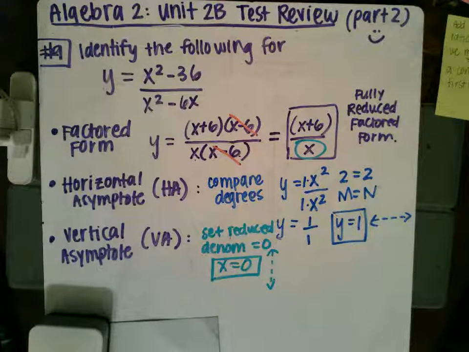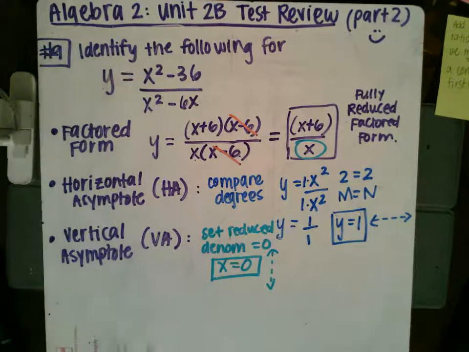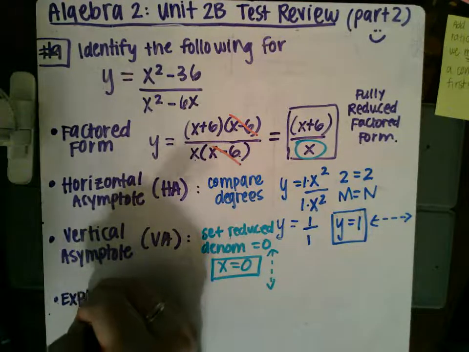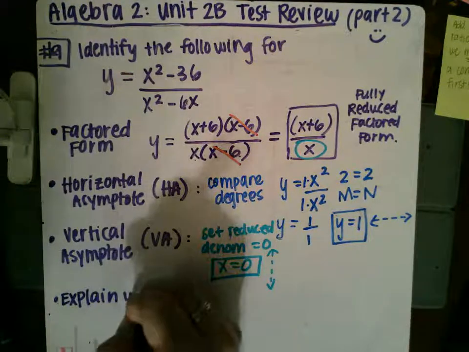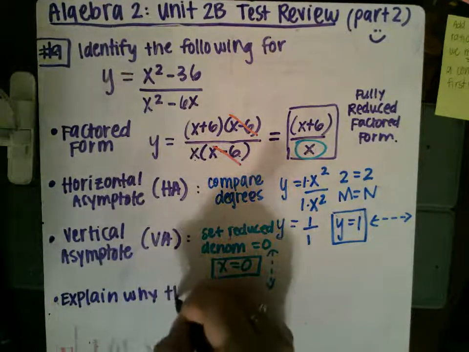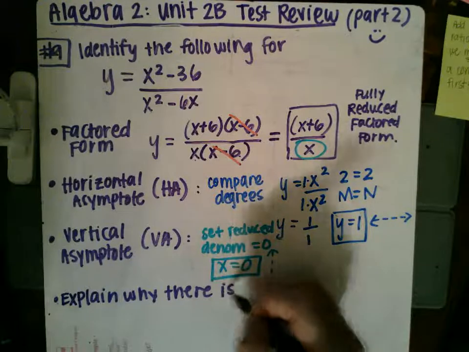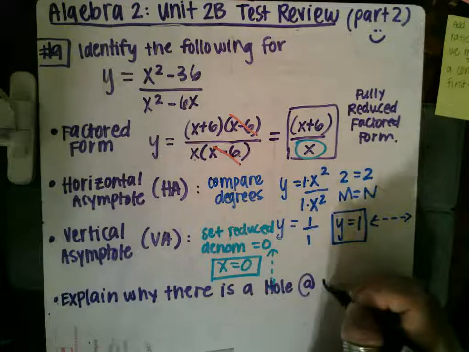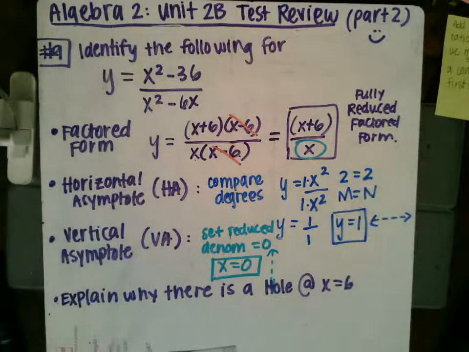Then the next question says, explain why there's a hole at x is equal to 6. Literally, that's exactly what it says. It says, explain to me why there is a hole at x is equal to 6.